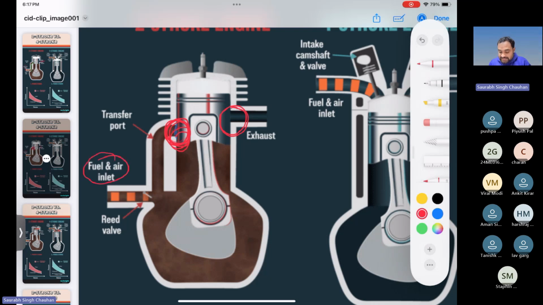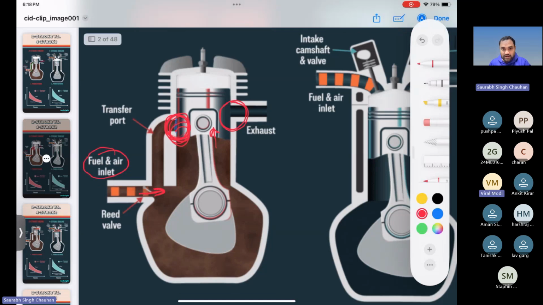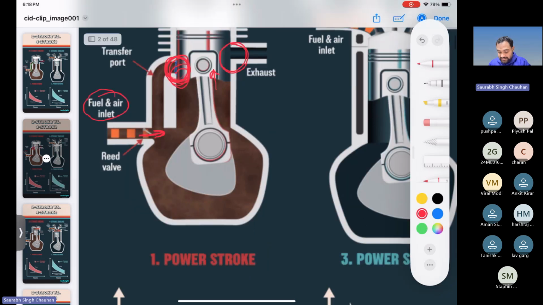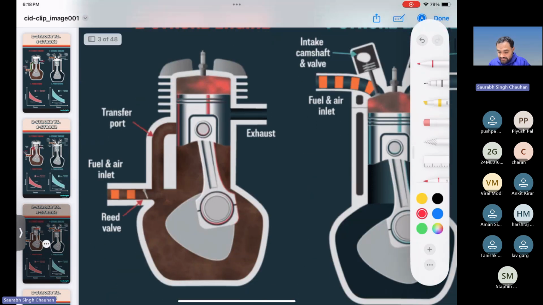Since the piston is going upward toward TDC, air will come in from this inlet port into the crankcase. So when the piston reaches TDC, some air fuel mixture will have come inside this crankcase. Now what will happen in the next step, we will see on the next page.